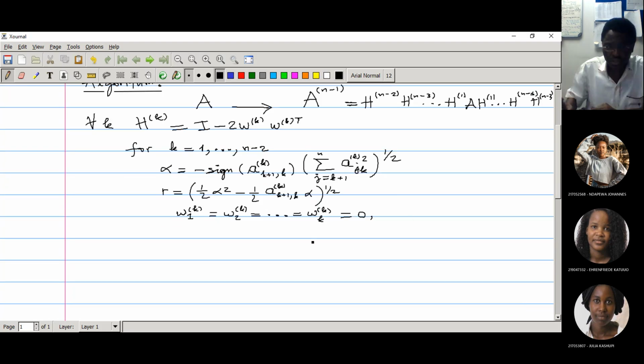Because remember that when we construct our H, we have the identity whose entry in the column is already 1. Now we modify by subtracting 2 w w transpose.